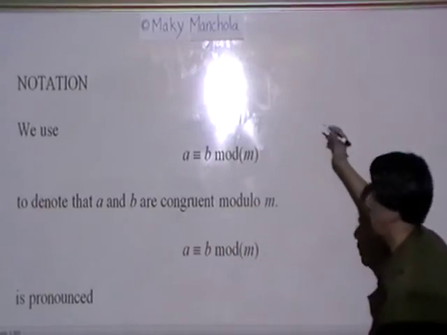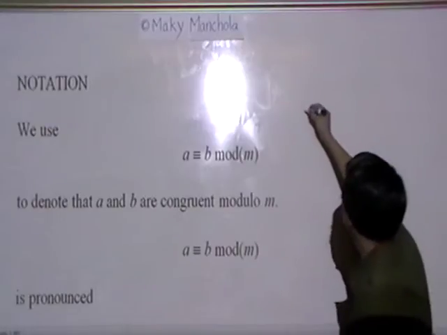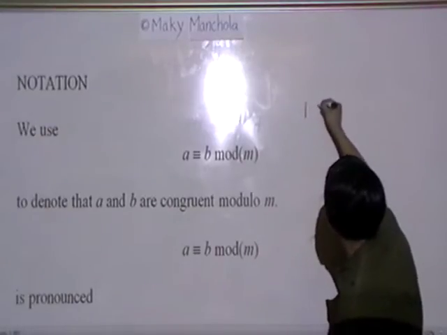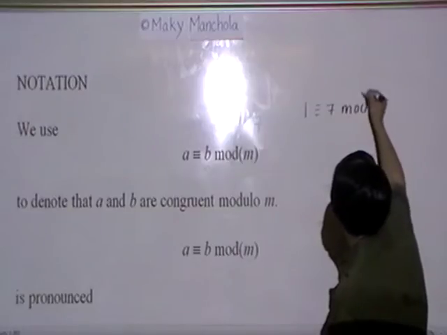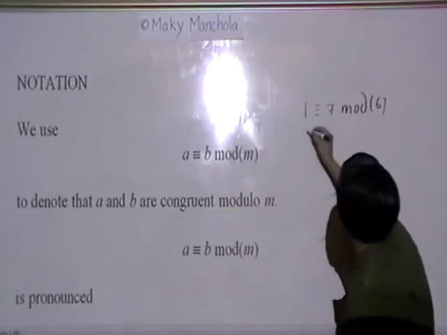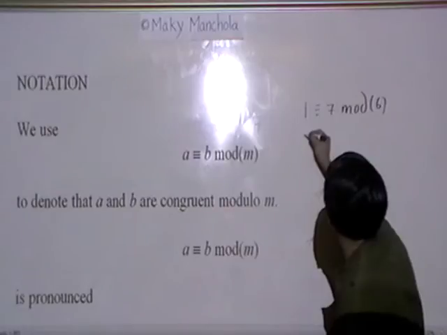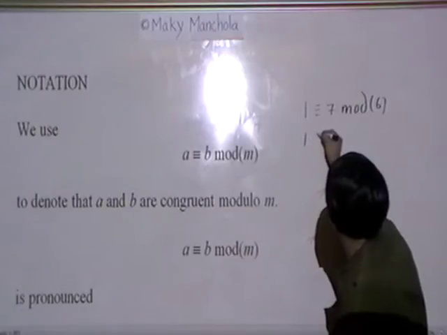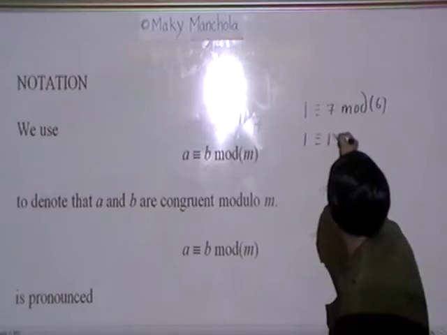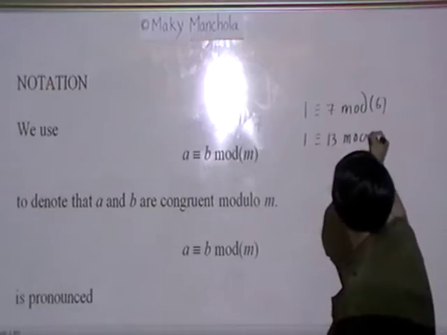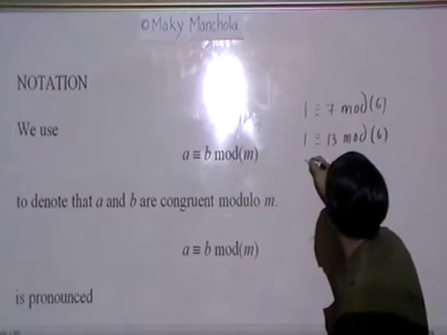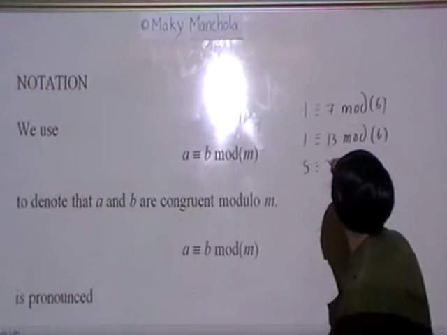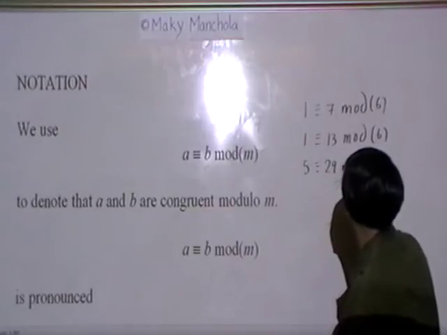So for instance, in our previous examples, we have that 1 is congruent to 7 mod 6. We also had that 1 is congruent to 13 mod 6, and 5 is congruent to 29 mod 6.